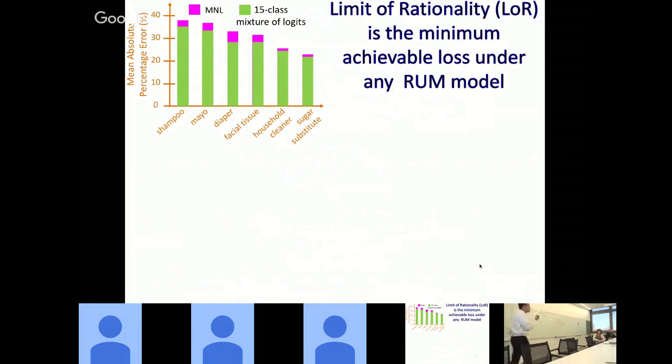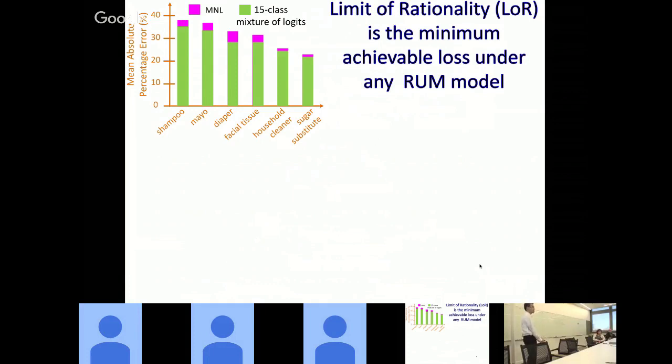Now, this simple graph raises a whole host of interesting questions. For one thing, one can ask, what if I fit a 30-class mixture of logits or a 50-class mixture of logits? Is it possible to drive this error all the way down to 0? And if not 0, what is the minimum achievable loss that one can obtain for an arbitrary discrete choice model from the random utility maximization class?